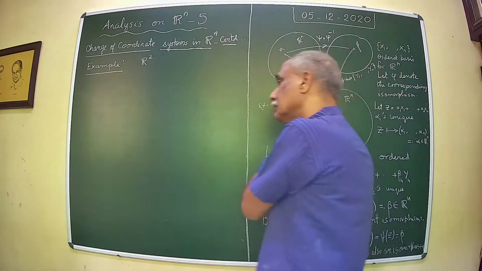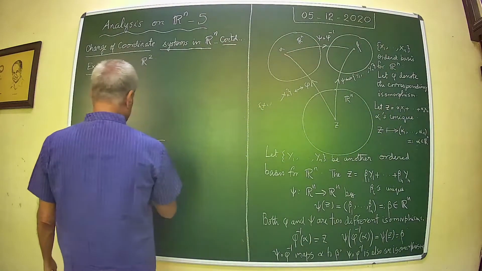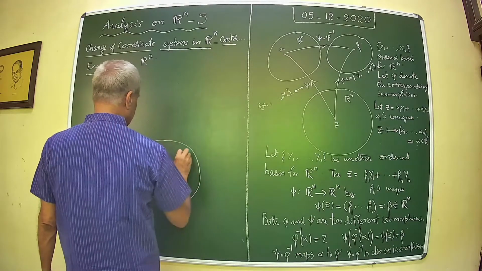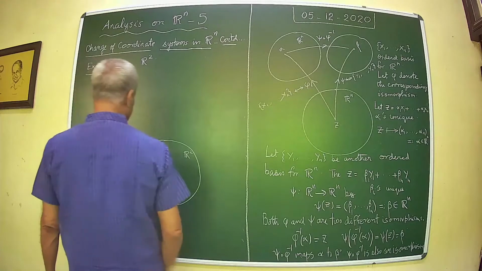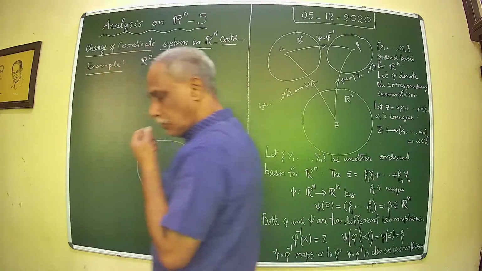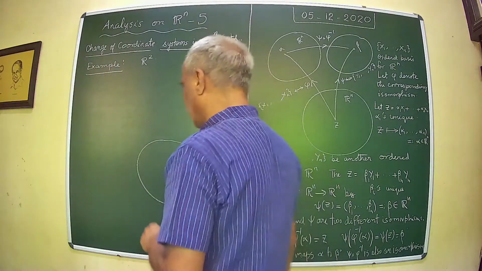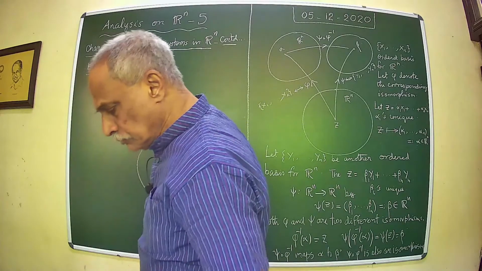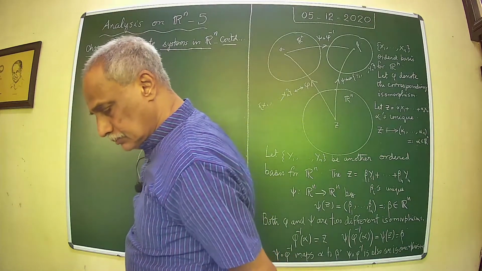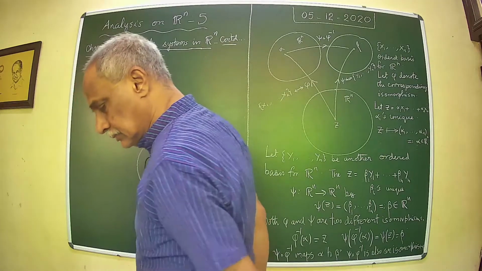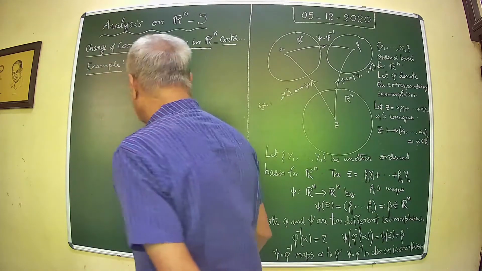Okay. We have a copy of R2, on which we choose a vector x1, x2.